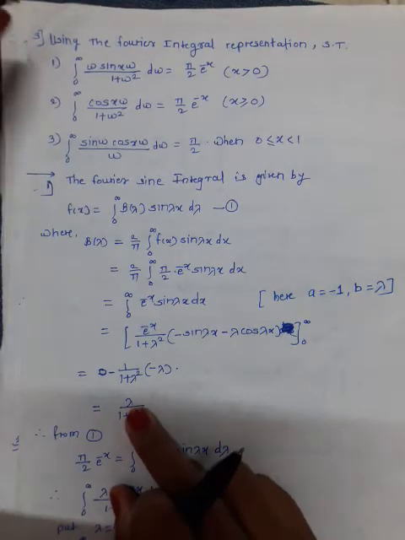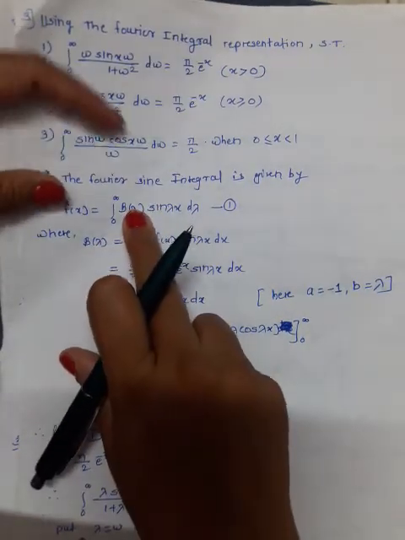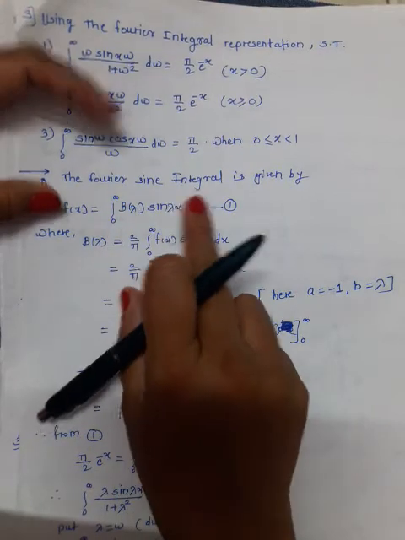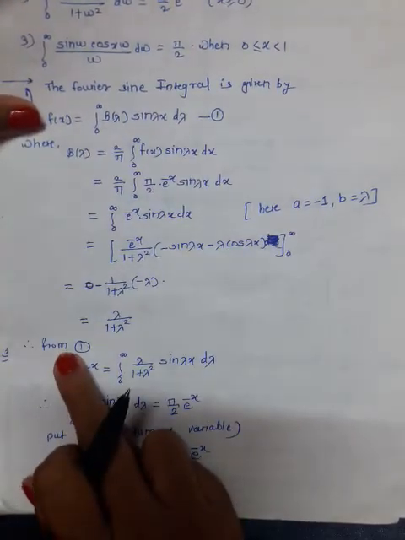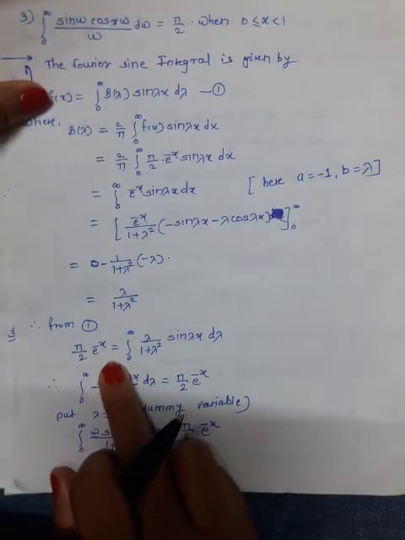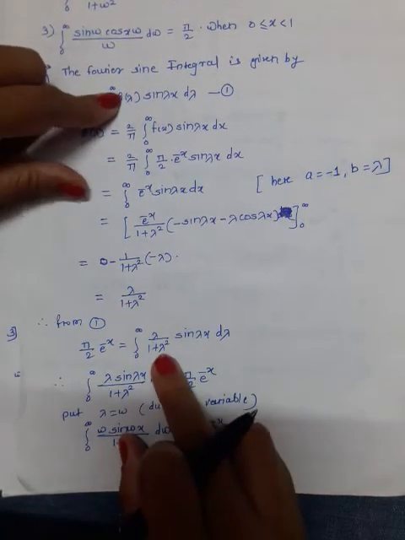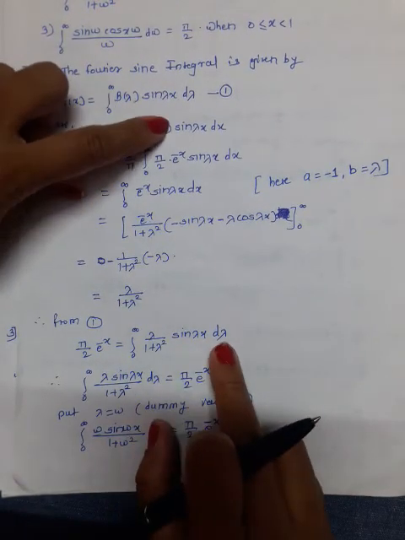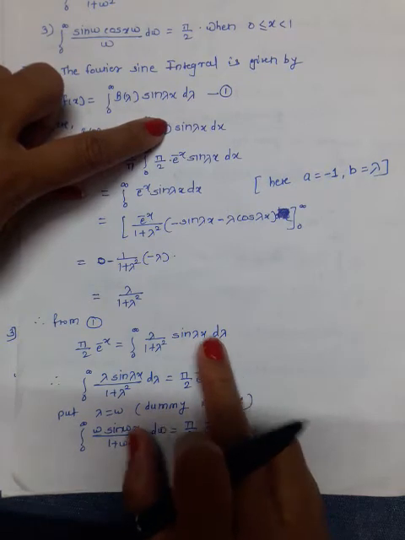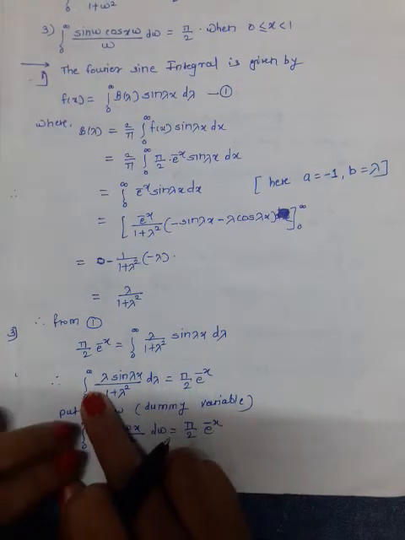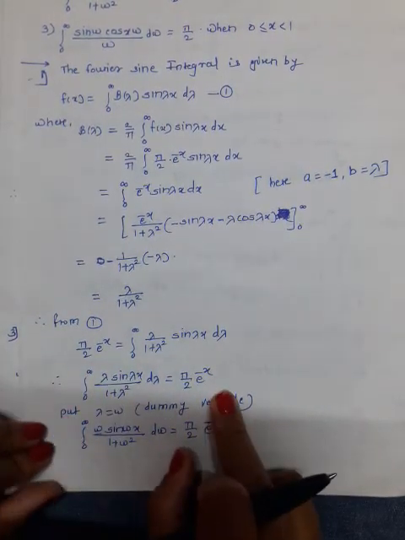Now put this value of b lambda in the Fourier sine integral formula. From equation number 1, f(x), that is our function pi by 2 e raised to minus x, is equal to integration 0 to infinity b lambda, that is lambda upon 1 plus lambda square, into sin lambda x d lambda. Now we want this integration, so take it on this side: pi by 2 into e raised to minus x.